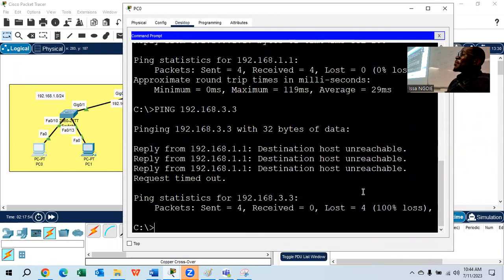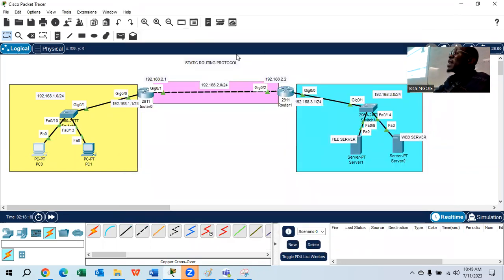Router 0 will say, my man, I don't know how to reach those other networks. I don't know how to reach the server. Why? Now as a specialist, you can go to the routing table, and you can see there are no routing protocols configured, right? Now we have to configure the routing protocols. And we are using the static one.